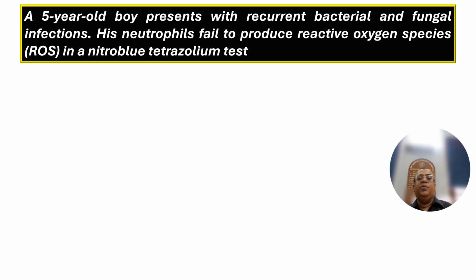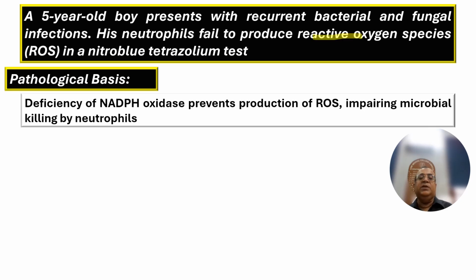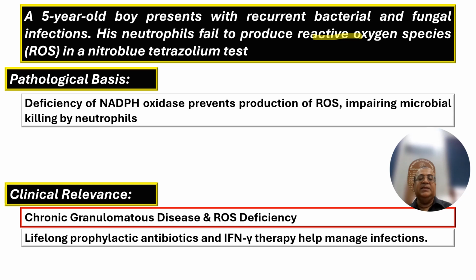A 5-year-old boy presents with recurrent bacterial and fungal infections. His neutrophils fail to produce reactive oxygen species in a nitroblue tetrazolium test. This is a case of chronic granulomatous disease with deficiency of reactive oxygen species.